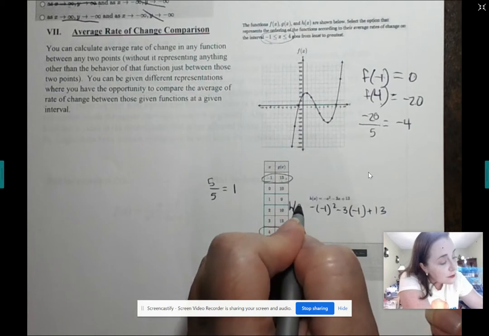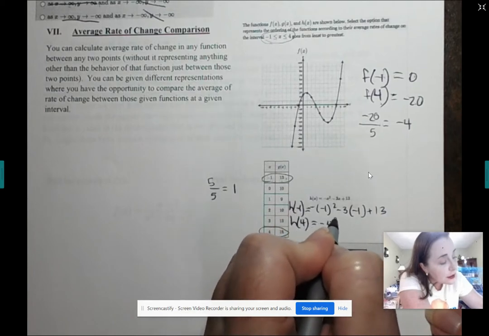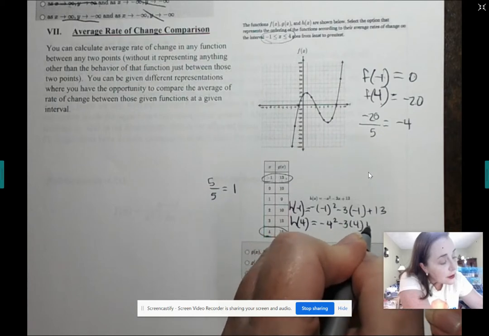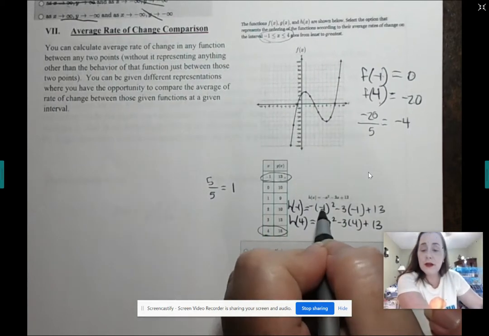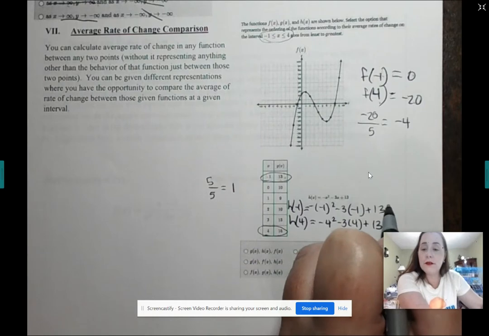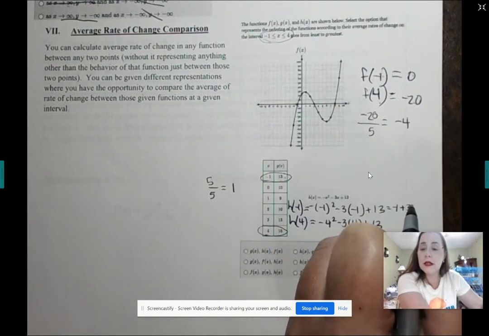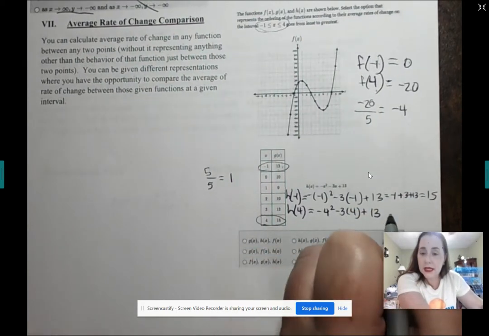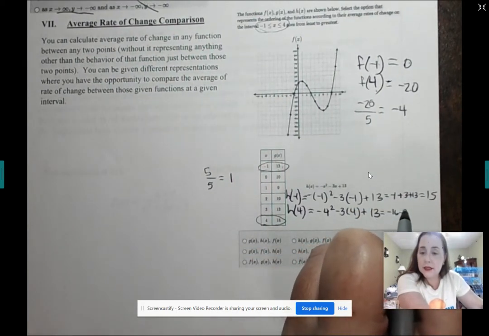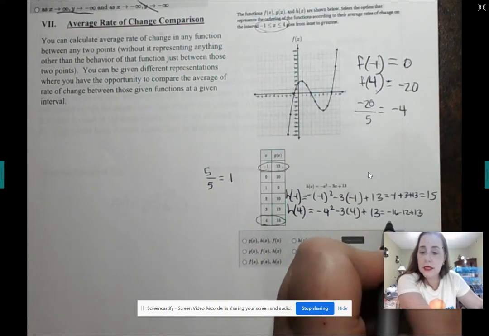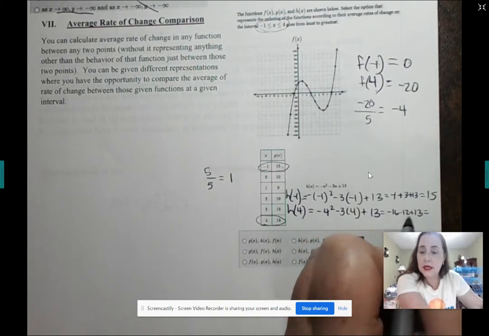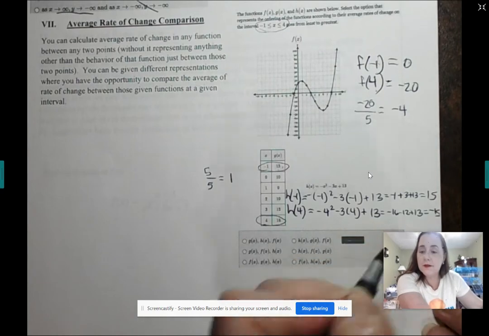So h with a -1 put in, h with a 4 put in. So here I would get 1 with a negative in front of it, plus 3 plus 13, that would be 15. And then here I'm going to get -16 minus 12 plus 13. So that would be -15.